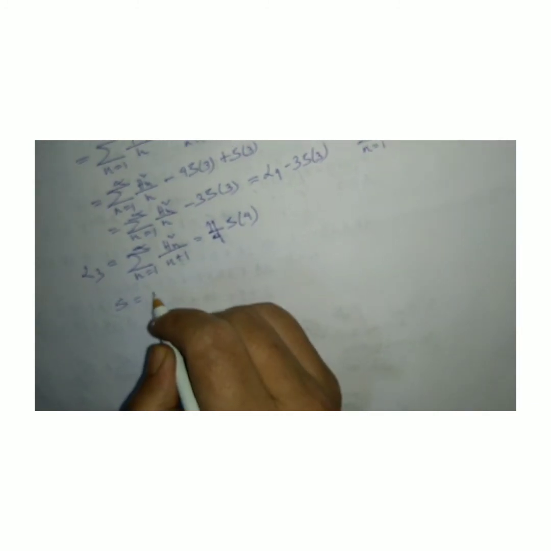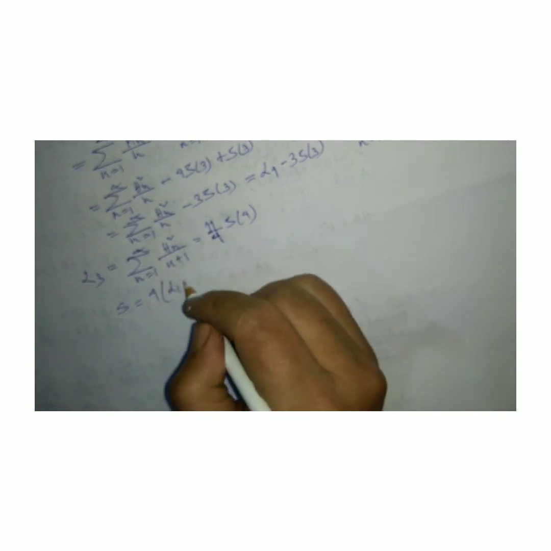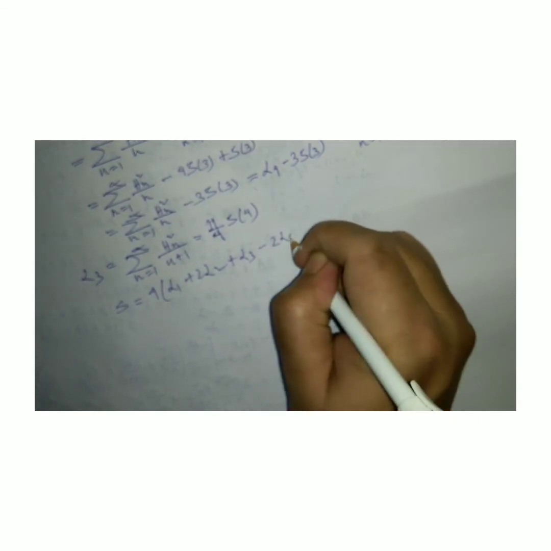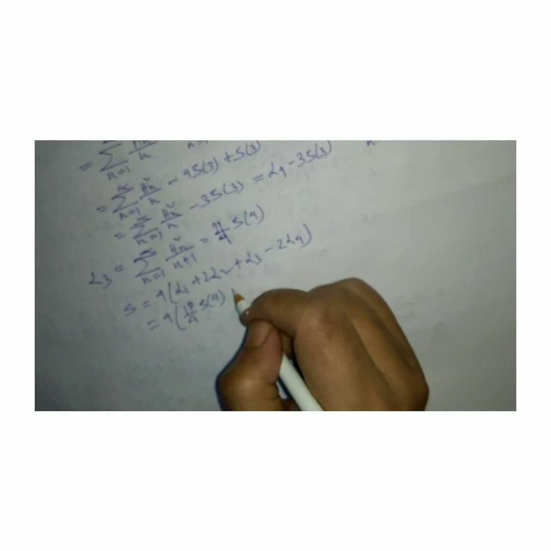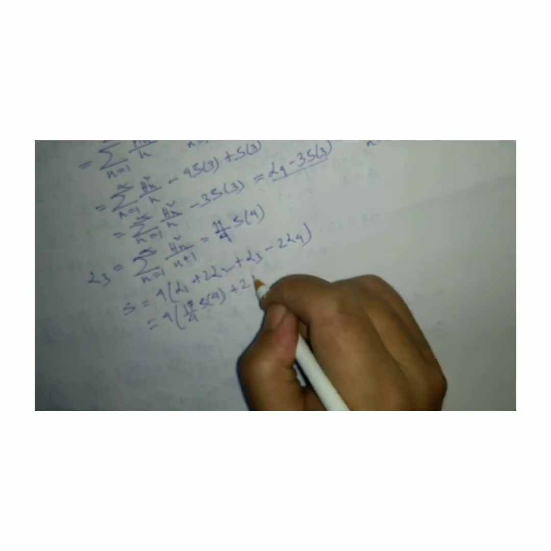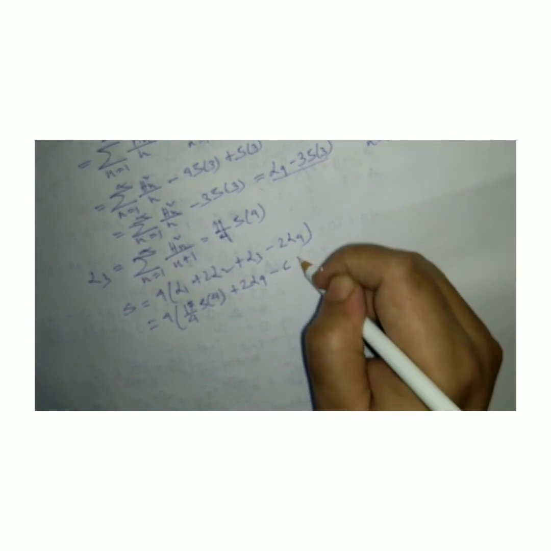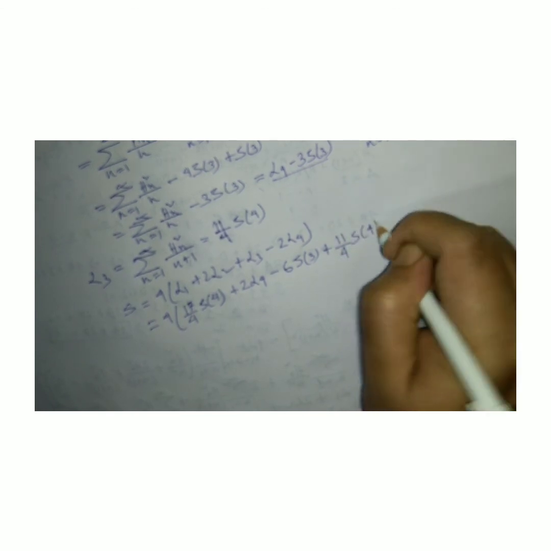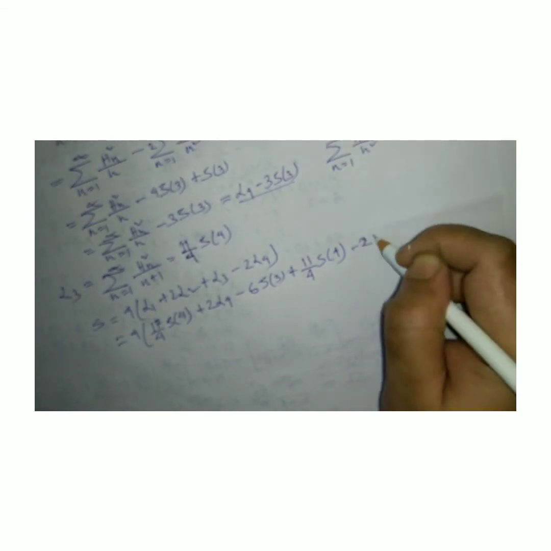So S can be written, whatever my S is, equal to 4 into L1 plus 2 L2 plus L3 minus 2 L4. Putting in the value, L1 value I get, friends, 17 by 4 zeta 4. 2 L2 means this value, so I get 2 into L4 minus 6 into zeta 3, multiplied with L2, plus the L3 value, which is 11 by 4 zeta 4, minus 2 L4.